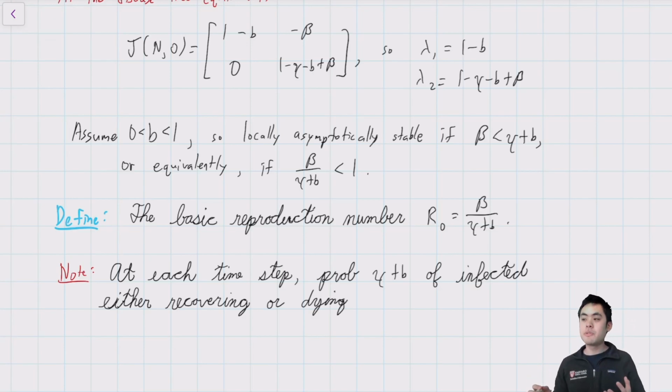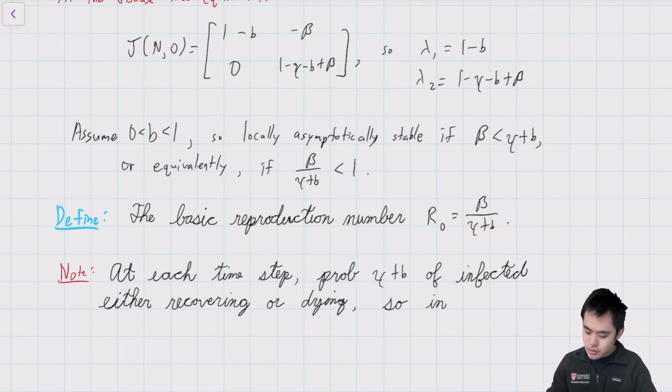So if in each time interval you have a gamma plus b probability of either recovering or dying, how long will an individual remain infectious? Well, if at each time interval you have a 1/2 probability of recovering or dying, then on average it takes you 2 time steps to either recover or die. And so it's just 1 over gamma plus b.